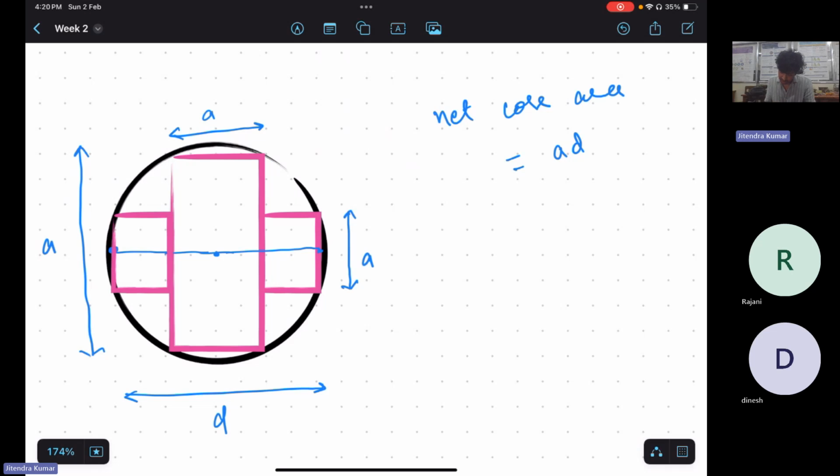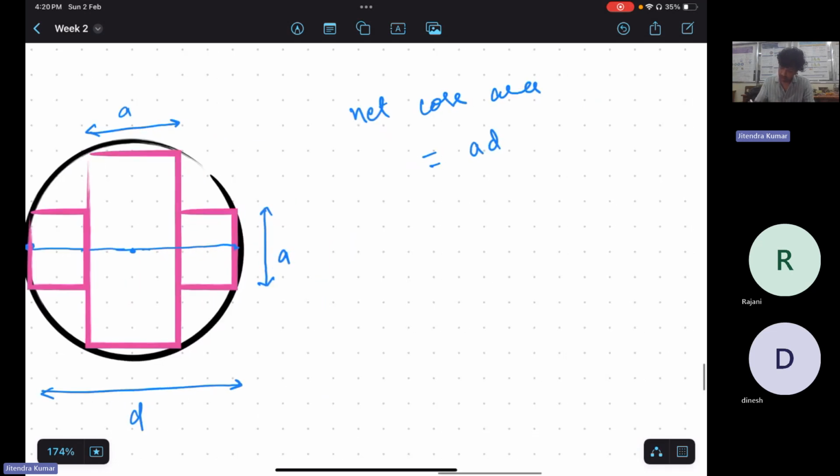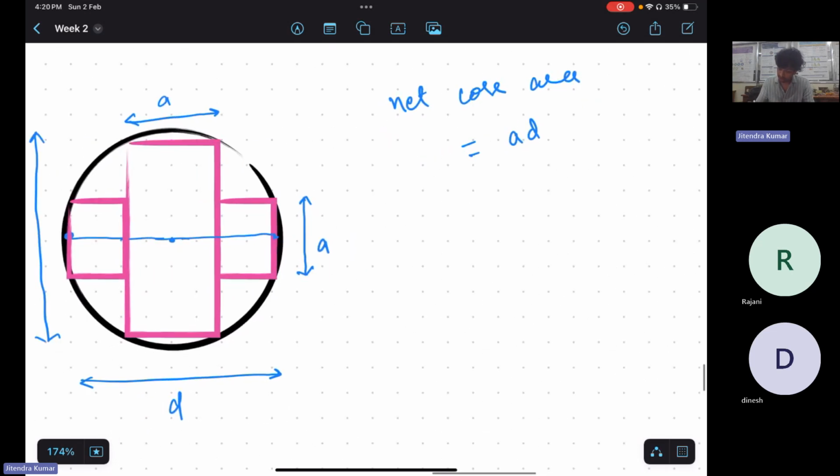But D minus A. So A into D minus A. Are you getting how I am calculating this area of the horizontal section? A into D minus A. Because this portion is not available in this core, right?